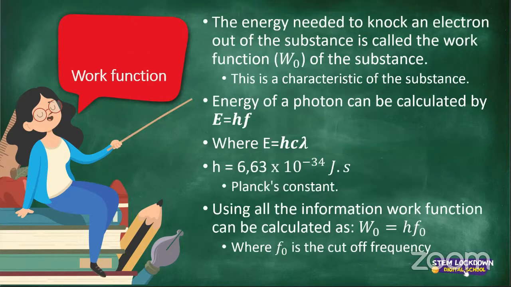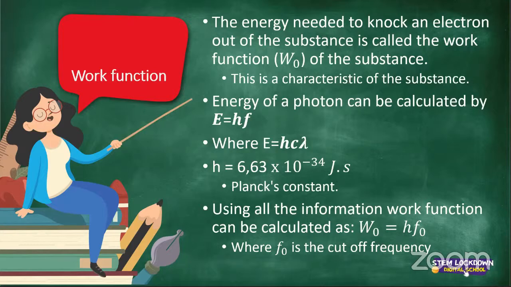So then we get to the work function, and like I was explaining to you, it is the amount of energy needed specific to a surface that will knock electrons off of that surface. And the way we indicate it is with a capital W and a small naught next to it as a subscript.